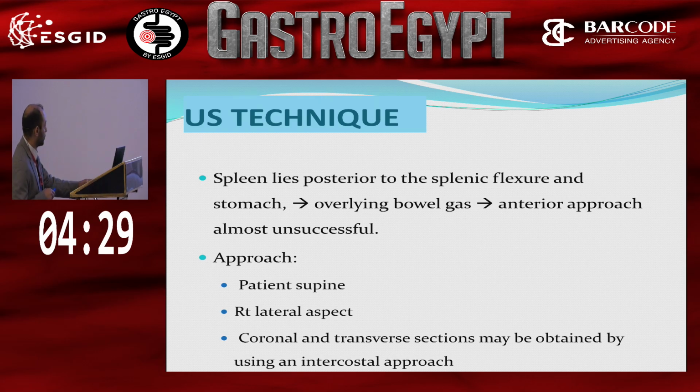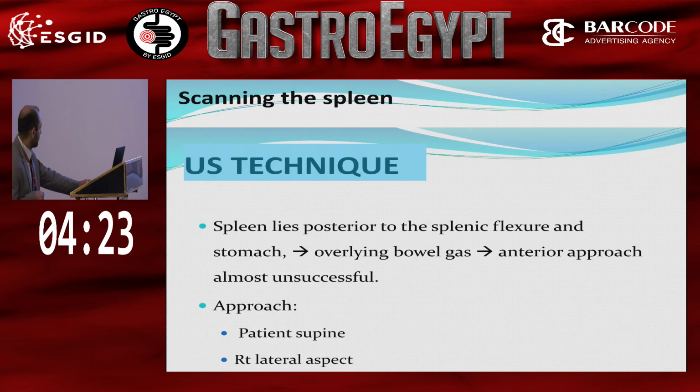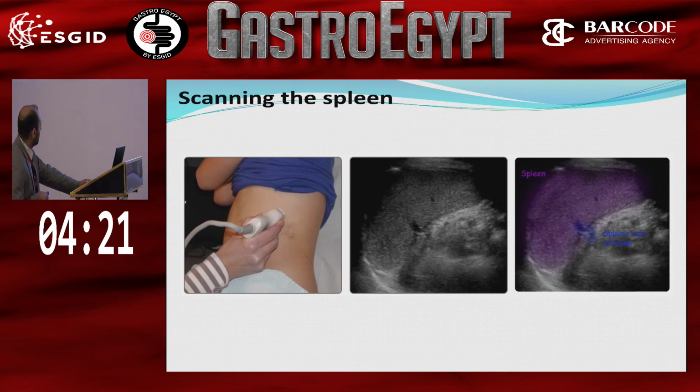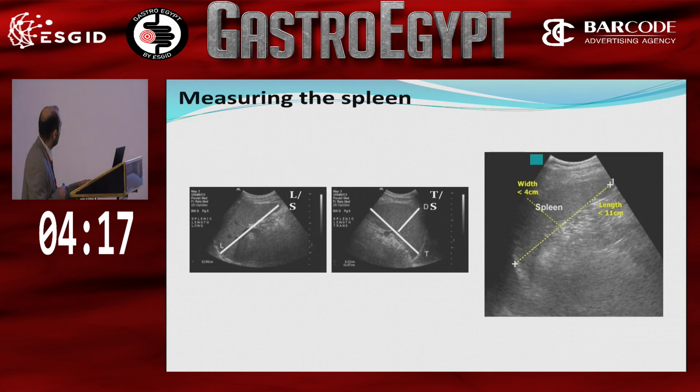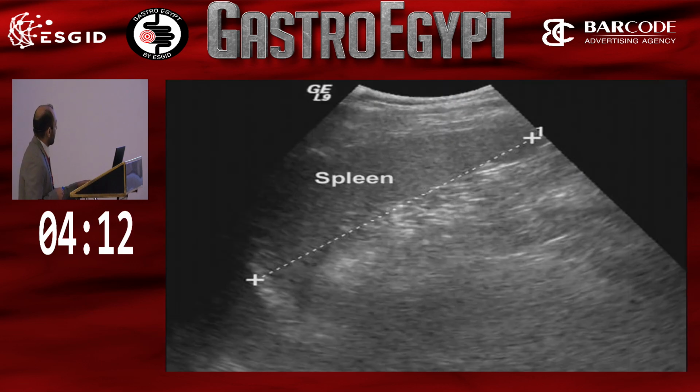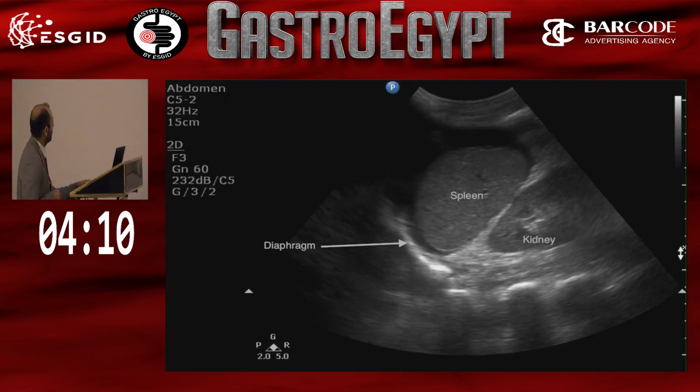Technique: the spleen lies posterior to the splenic flexure, so I have to ask the patient to lie supine or in the right lateral position. Here is the right lateral. I have to look for the spleen. I have a video. I have to measure the spleen from the upper pole and the lower pole. Okay.